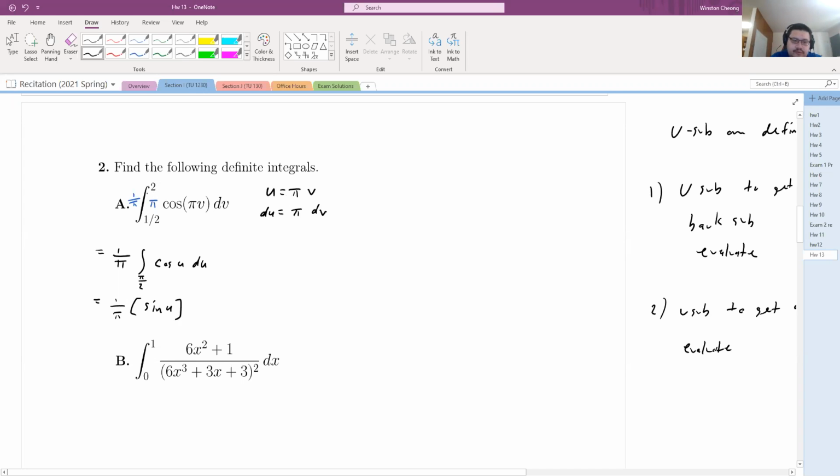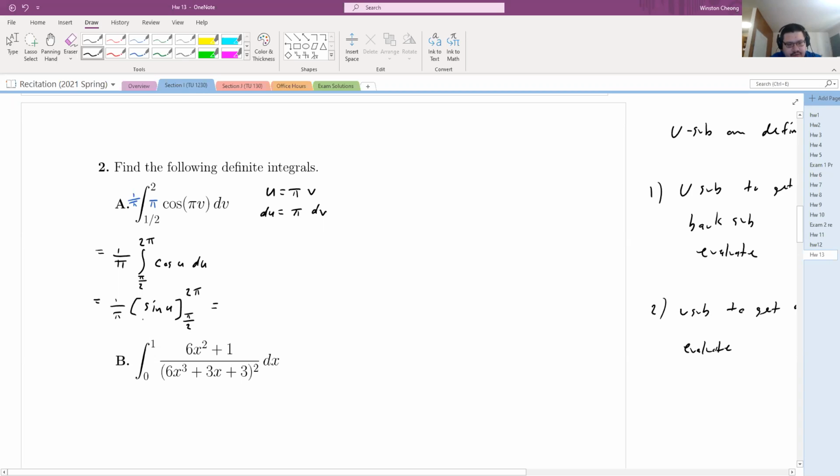And then consider the upper limit. For the upper limit, v is equal to 2, which then according to this means u is equal to 2 pi. So that's the upper limit for the u world. So now we know what the limits of this integral are, and then we can just go ahead and perform this evaluation.